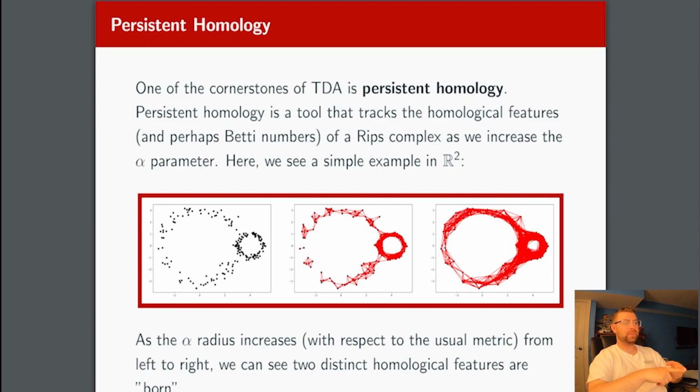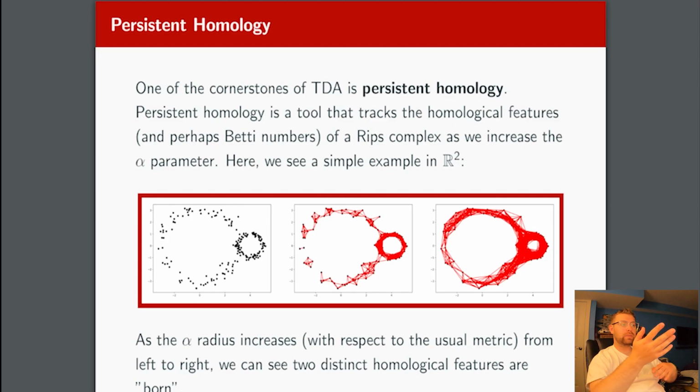In the picture in the middle, I varied alpha a little bit more, and we start to see some connections. And we can see on the right, we actually get a nice one-cycle. Then on the far right picture, if I increase alpha a little bit more, I get connected components all around, and I can see two one-cycles pop up. I have this larger circle and this smaller circle off to the right.